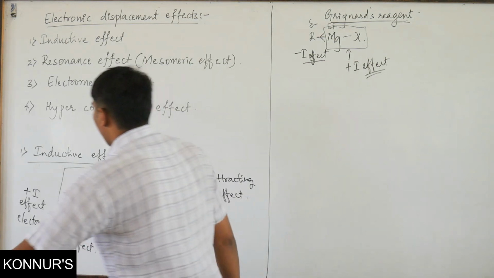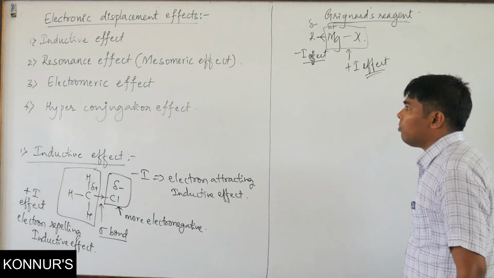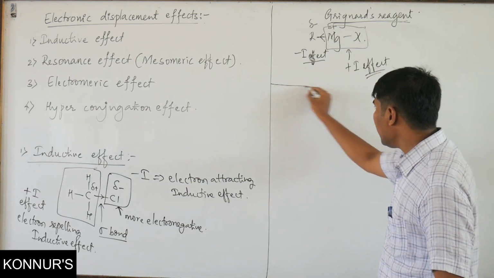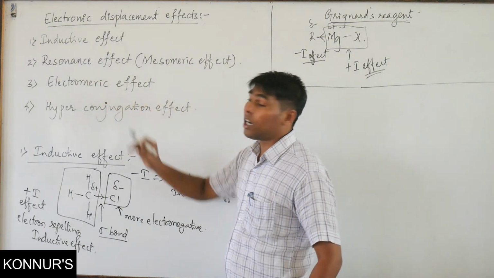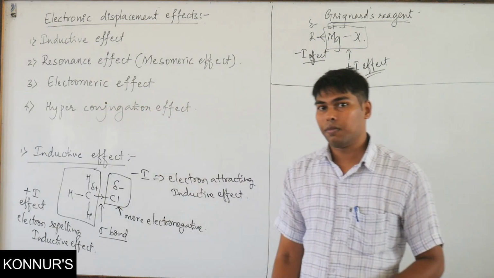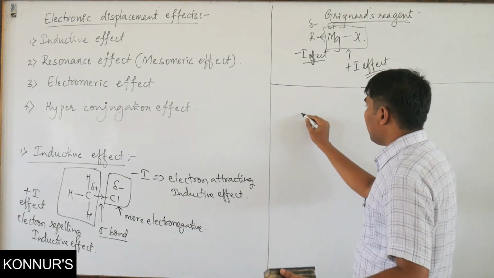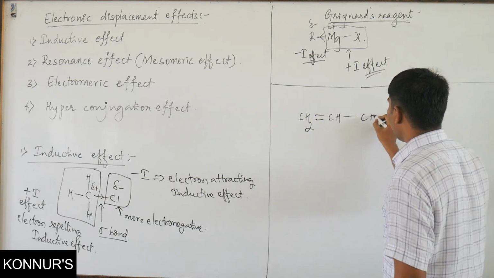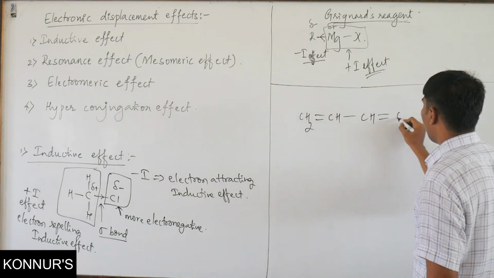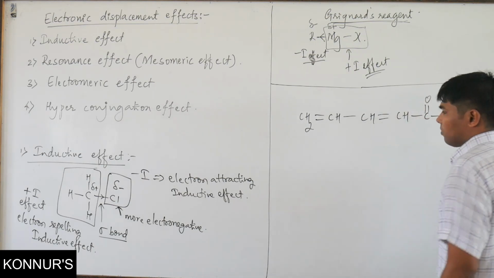Okay. Now coming to the resonance effect or mesomeric effect. This is also a permanent effect. I will take one example: CH2=CH-CH=CH-CH=O-H.